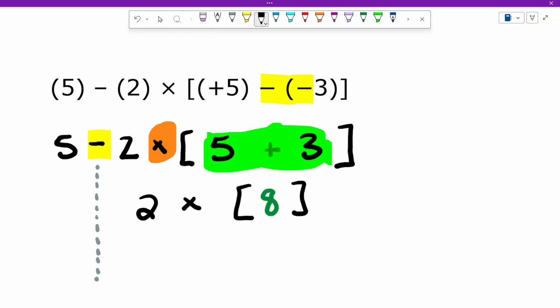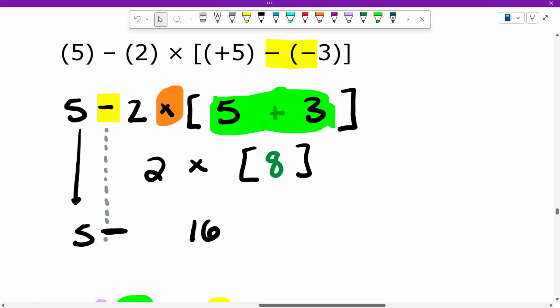We got 2 times 8, which is which number? 16. This part is down to a single number. So we go to the other part. We're going to drop that 5 all the way to the bottom here. We have that minus sign in between. There you go. 5 minus 16. That's going to give us our final answer.